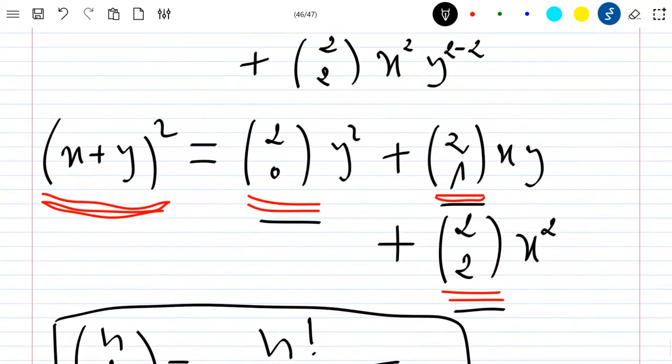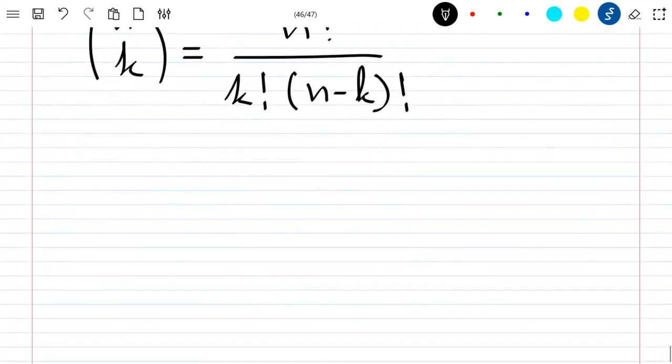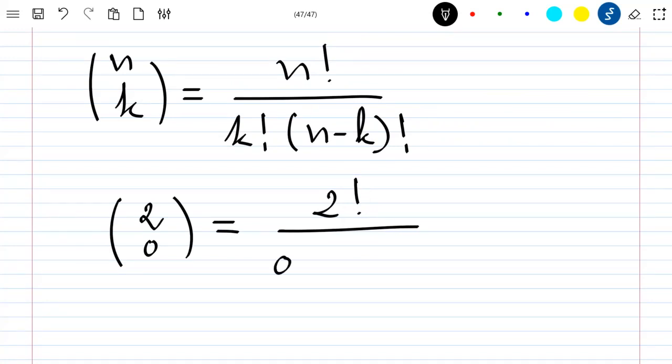So the first coefficient is 2 choose 0. Here 2 choose 0 is equal to 2 factorial divided by 0 factorial times (2 minus 0) factorial.